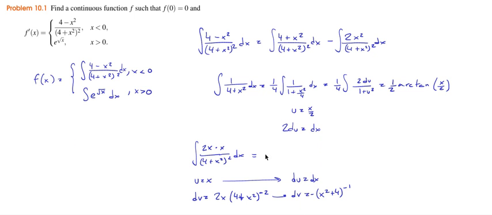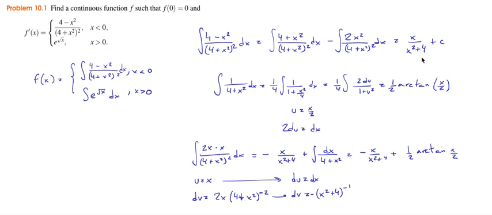And so we have here minus x over x squared plus 4 plus the primitive of 1 over 4 plus x squared, which we have just done, is 1/2 arctangent of x over 2, right? So now we have this primitive, minus minus, so the result is x over x squared plus 4 plus c. Okay, good enough.